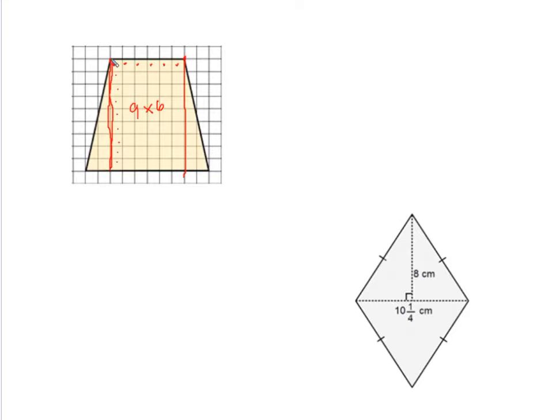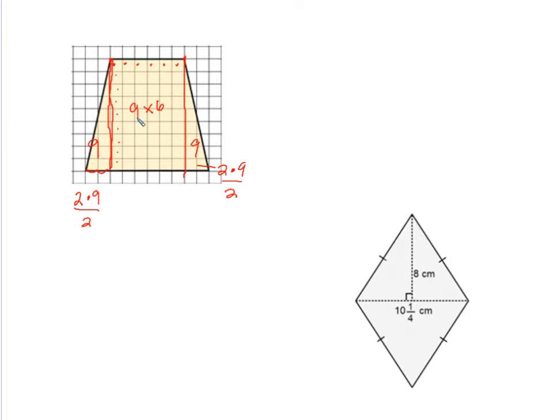Now there might not look like there's anything up here, but there is. So from here to here, 1, 2. 2 times 9, it's a triangle, so we're going to divide it by 2. And this one is 2 times 9 divided by 2. So this is 9, because it's 18 divided by 2.